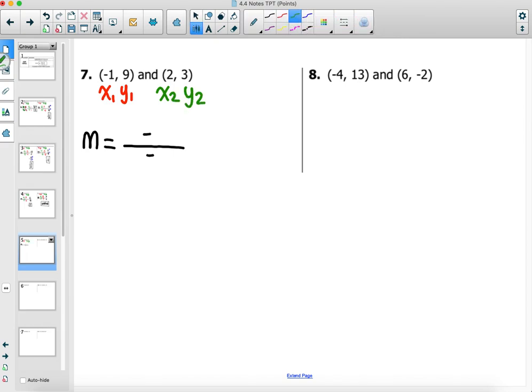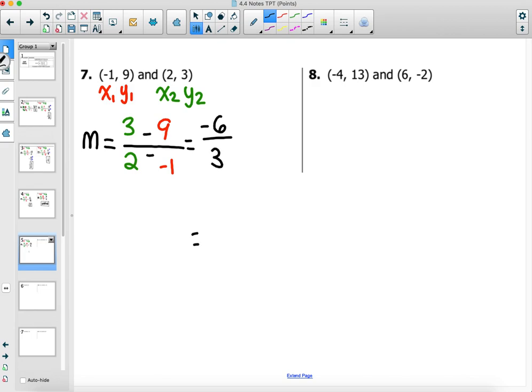So here, the top, I would be subtracting the y's, the 3 minus the 9. The x is on the bottom, the 2 minus the -1. This will simplify to 3 minus 9 is -6. 2 minus a -1 is 3.